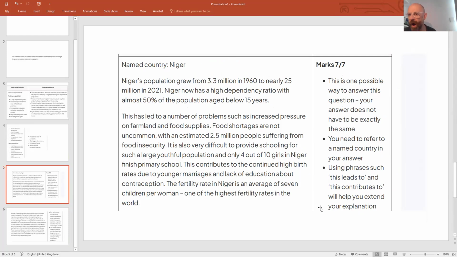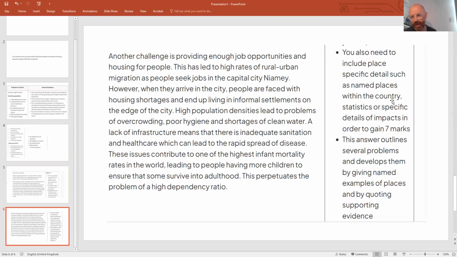This leads to a higher child mortality rate, which in turn results in people needing to have more children to ensure some survive. Phrases like this leads to or this contributes to very much suit that command term explain. Okay. Be specific with names, any data. The data they give from 3 million to 25 million between 1960 and 2021 is excellent data.